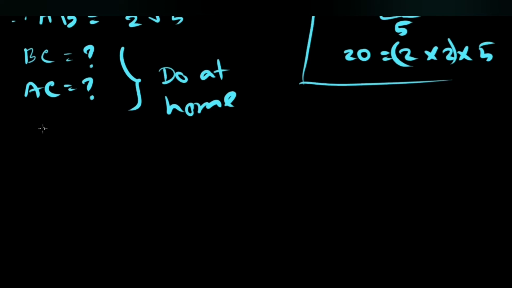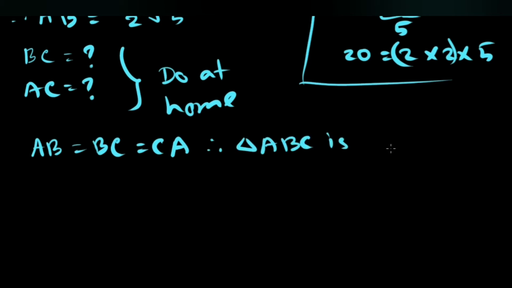But let me say something to you. If you figure out that the lengths of AB, BC and CA are coming out the same measurements, so we can say triangle ABC is an equilateral triangle.